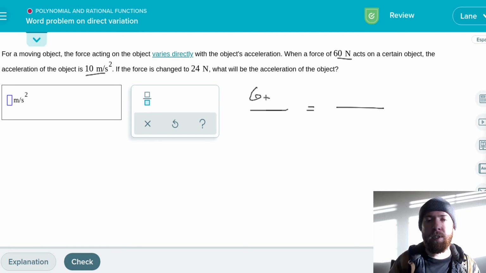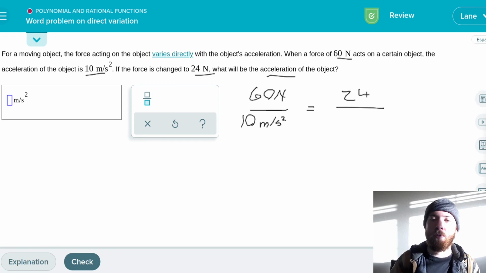So I'm going to put 60 newtons and 10 meters per second squared in one fraction. In the other one, they tell us 24 newtons, and we don't know the acceleration. So we're going to put 24 newtons right here, and this is our unknown x.